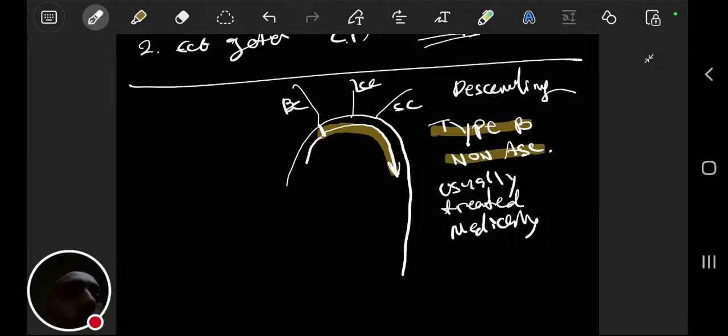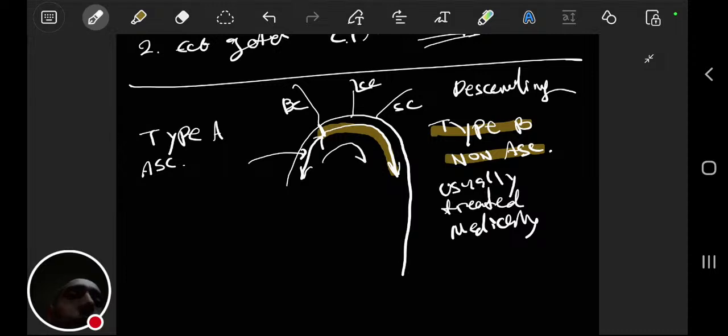Now, when we are talking about a dissection that is from the brachiocephalic or proximal in the aorta, this is called type A in the Stanford classification of aortic dissection, which is ascending aorta involvement.